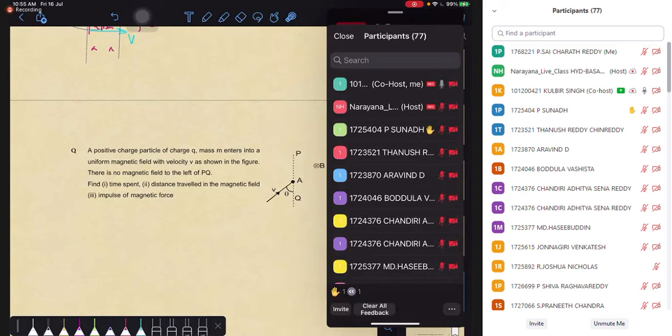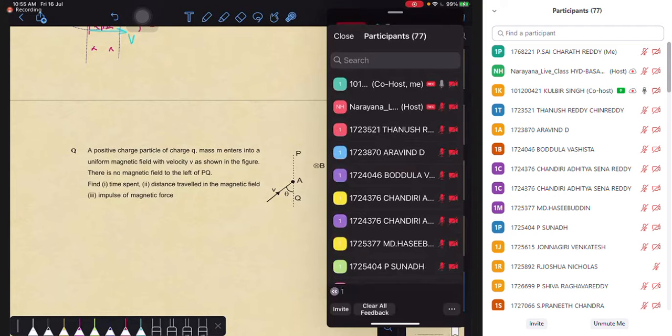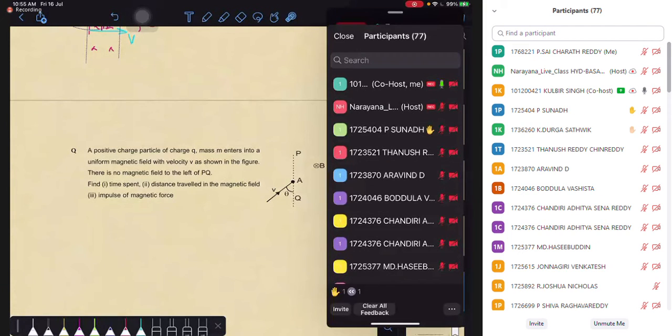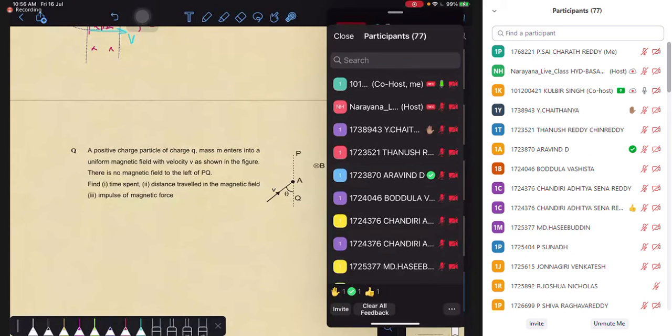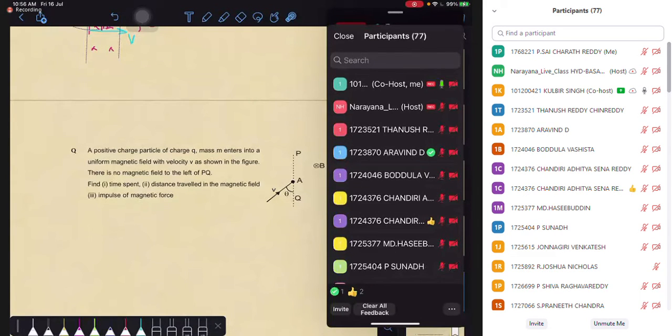For circle, how many of you agree? A circle. For helix, how many of you think it's a helix? So some people are thinking it's a helix. No, it is not a helix. It is making a circle only.